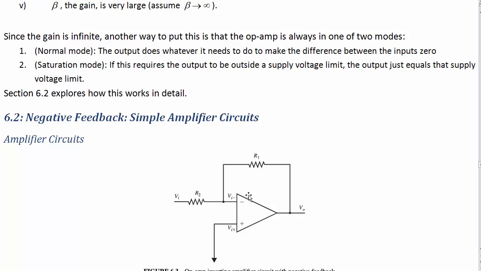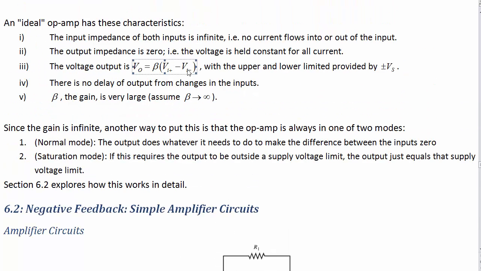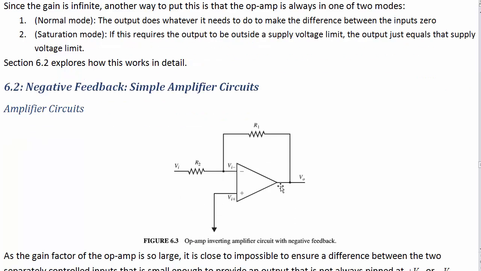And since the negative input is positive, this is a negative number, and so the output would be beta times some negative voltage, so it would be negative infinity. But then, if the output is negative infinity, we have negative infinity here, we've got some positive value here, so the voltage divider, no matter what these resistors really are, we're going to have effectively negative infinity here as well.